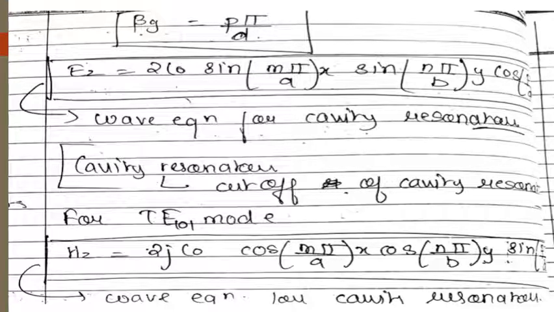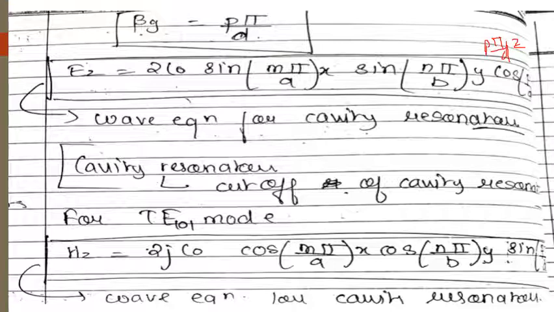On substituting, I get my final equation as Ez equal to 2 C naught sin m pi by a into x sin n pi by b into y cos of p pi by d into z. This is the final equation you are going to get for the TM mode.